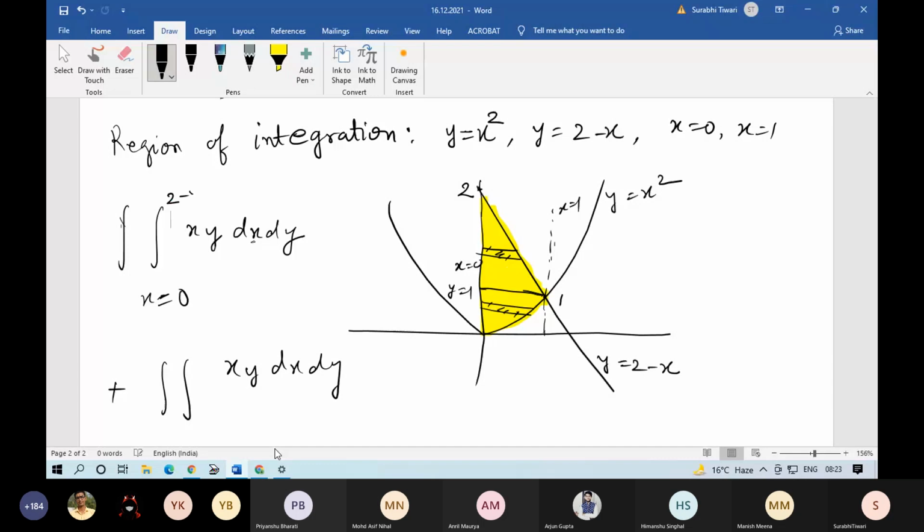x is equal to 0 to 2 minus y, ठीक, from here to here, यहाँ से यहाँ तक. ठीक, तो आपने ऊपर वाले ट्राइंगल के लिए रखा है, हम लोग पहले नीचे वाले कर्व के लिए रख लेते हैं। x is equal to 0 to यहाँ तक वैरी करना है, from here to here, so here it is x is equal to 0 and here it is x is equal to under root of y.